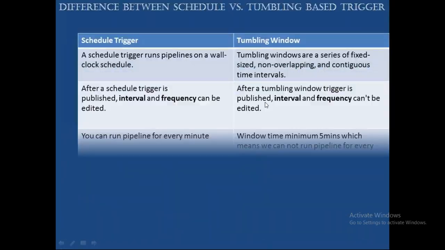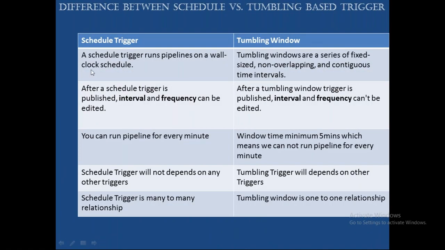No problem. Now we'll see the difference between schedule trigger and tumbling window trigger. Schedule trigger runs a pipeline on a wall clock schedule based on some timing. Tumbling windows are a series of fixed-size, non-overlapping windows. We have seen you can create hourly windows or daily windows.